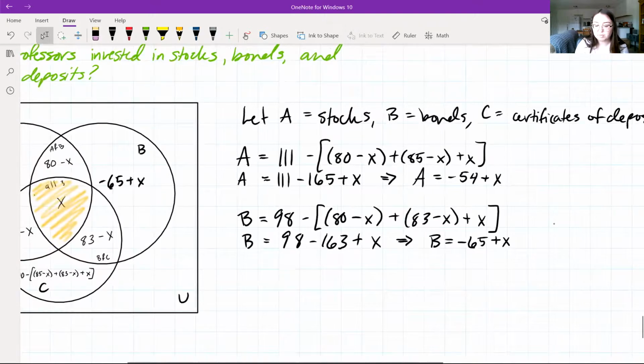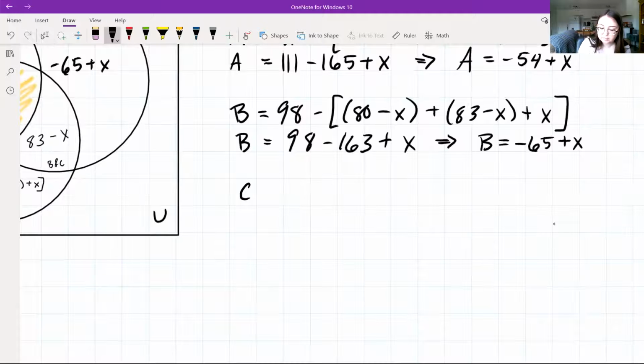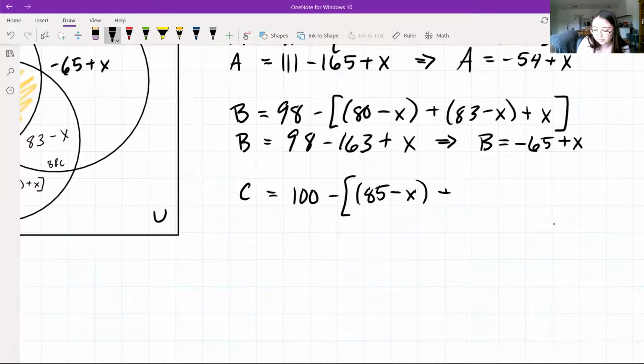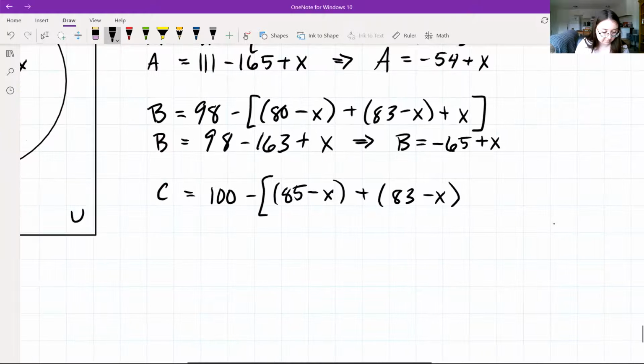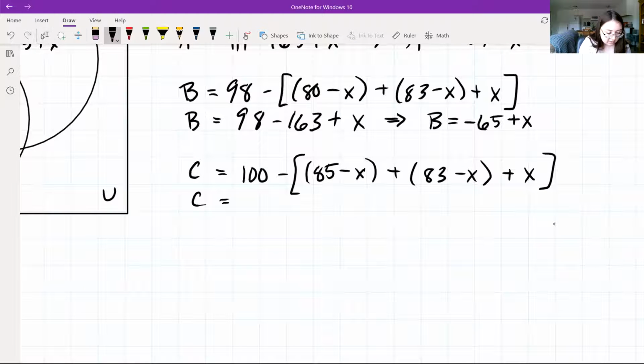And now let's do the same thing for C. We get that C is equal to 100 minus 85 minus x plus 83 minus x plus x. This is going to give us 100 minus 168 plus x.